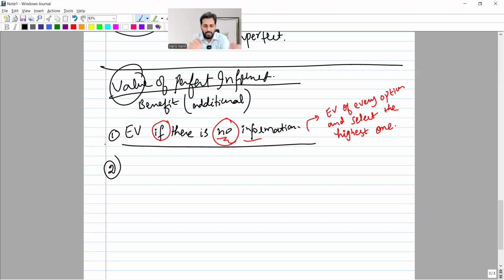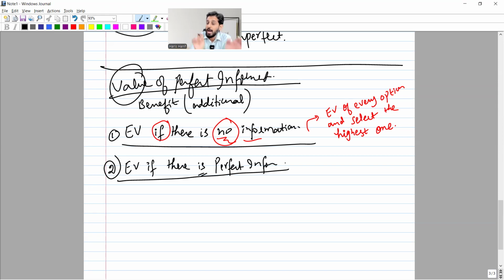Please note the point: your decision making should be based on the market. What does this statement mean? It means that you have to identify the option having the highest value, following the uncontrollable element.